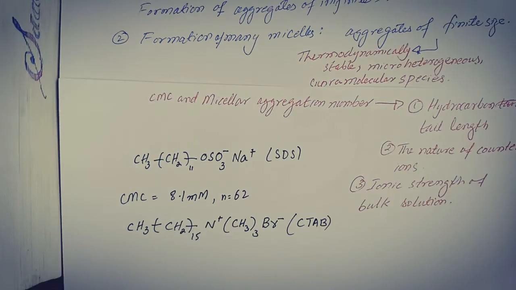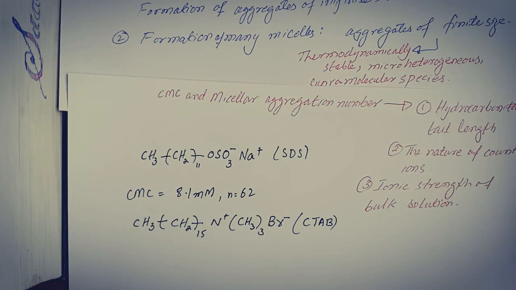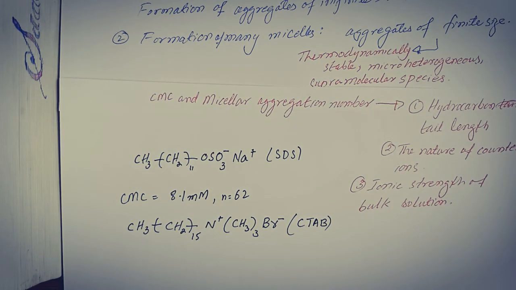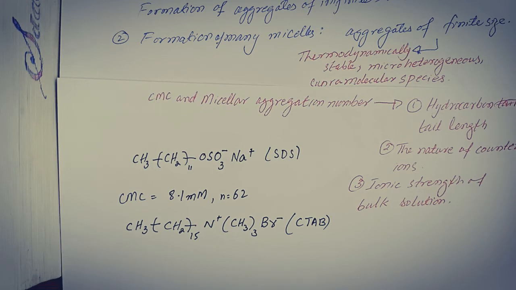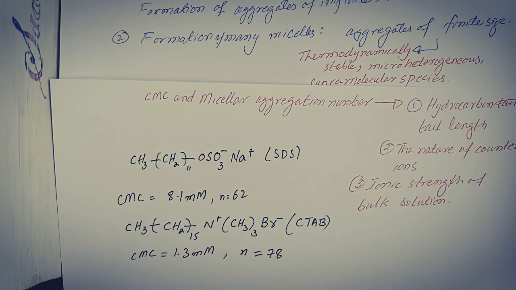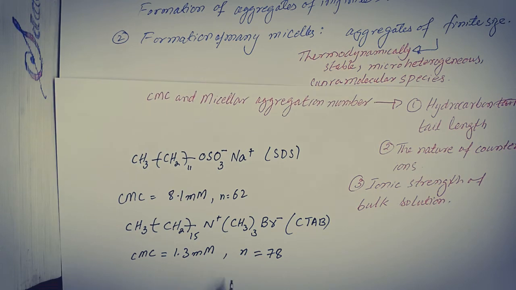the micelle. Another important surfactant is CTAB, and here SDS and CTAB are usually used for the synthesis of nanoparticles through sol gel methods. CTAB is actually the hexadecyl cetyl trimethyl ammonium bromide, and for this surfactant CMC value is 1.3 millimolar and the aggregation number is 78.